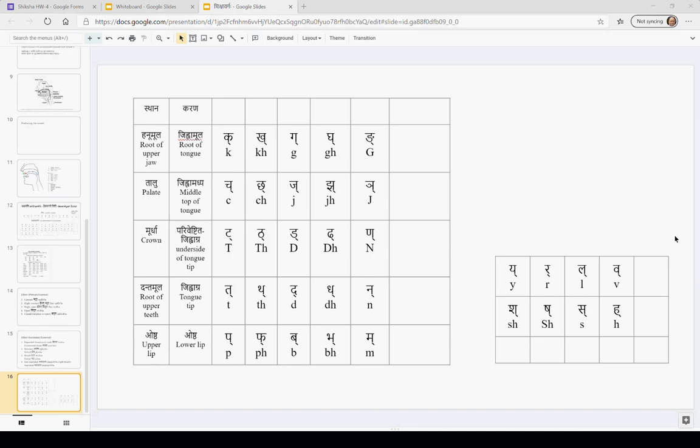Matra literally means unit of measurement. They were all used to pronunciation and talking in Sanskrit, so they just say it is the amount required to pronounce the i sound, for example. The i sound is one matra.